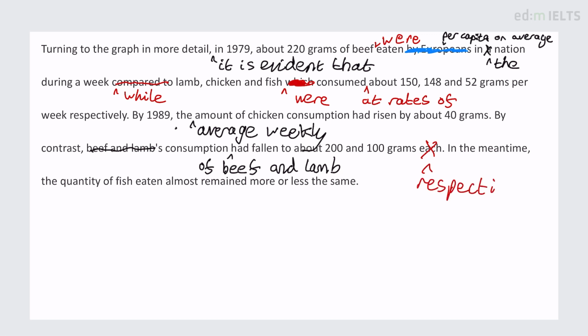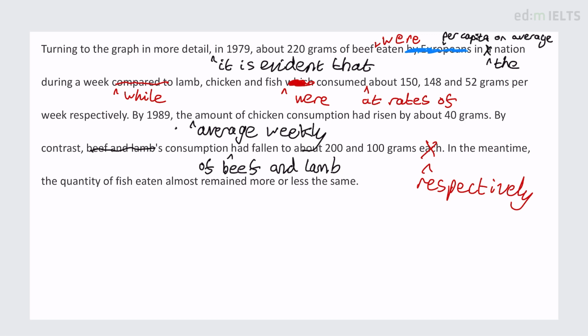We've talked about the meaning of respectively already. And I can understand that the writer doesn't want to repeat the word because we've already used it. But it's better to repeat the word than use a word which is incorrect. And each is incorrect here. Each has a different meaning. So much better to repeat the word.